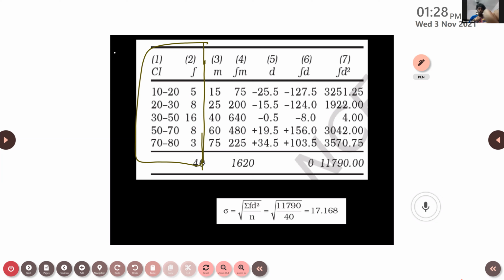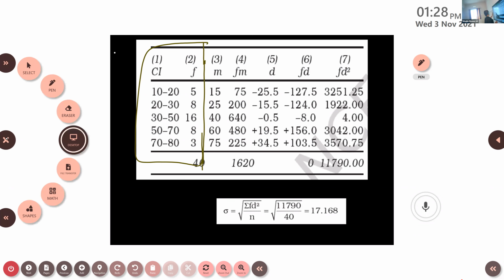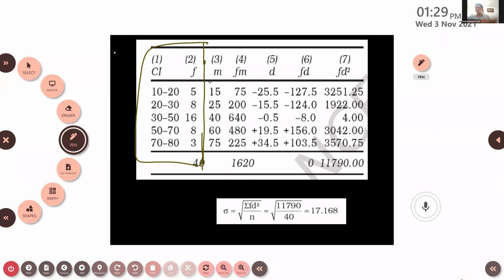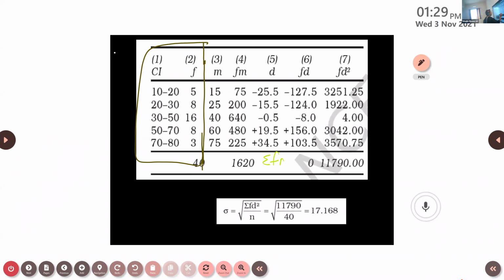Okay, 1620. Now, what is the formula to find X bar I told? Sigma FM by sigma F. So FM total divided by sigma F.